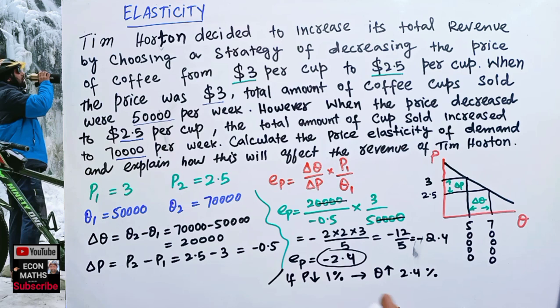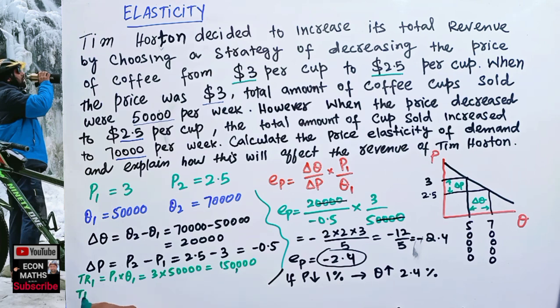Now what about total revenue? We can also find out the total revenue here. What is initial total revenue? Total revenue initially will be equal to initial price into initial quantity sold. So initial price was 3 times initial quantity sold of 50,000, which comes out to be 150,000.